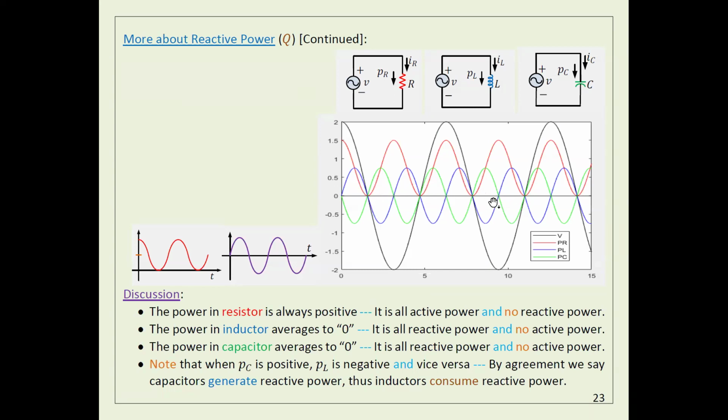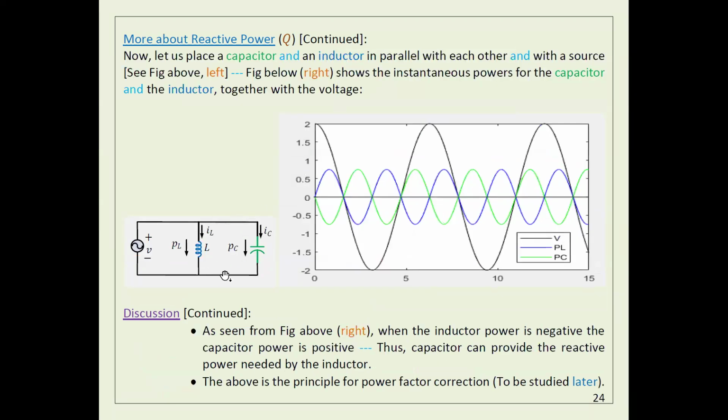You can see here, and here comes the idea of power factor correction. That means, for example, at the load, I can try to add some inductance or capacitor so that they cancel each other. When this one releases, it can release here. This one can release here, and so on. So this is the main idea of power factor correction.